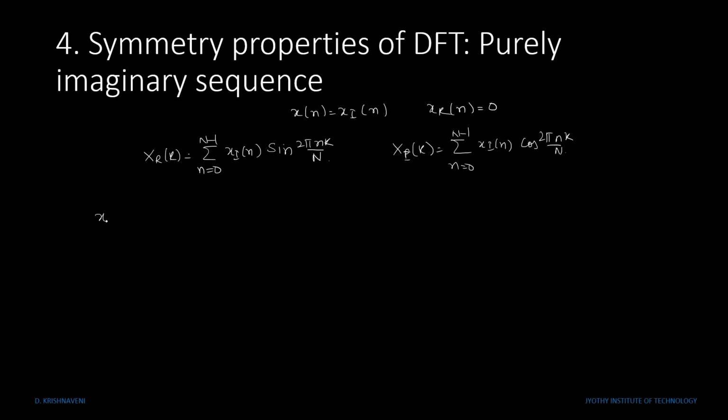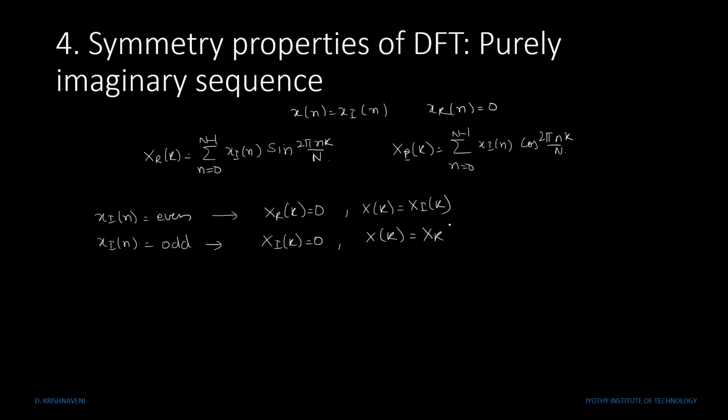So if xi of n is even, then sin theta is odd, so xr of k will be 0, and x of k will be equal to xi of k. Whereas if xi of n is odd, then cos theta is even, so xi of k here will become 0, and x of k is equal to xr of k.